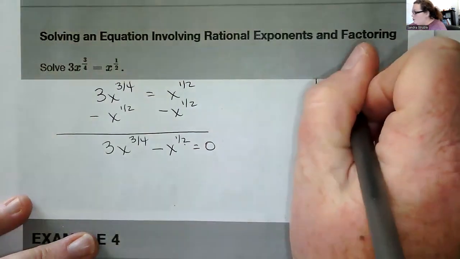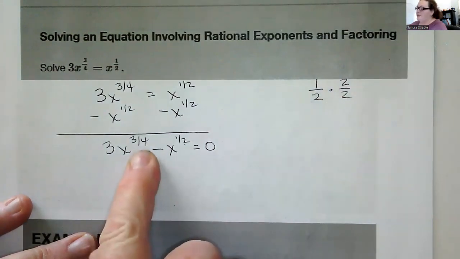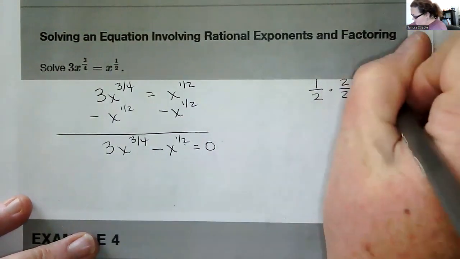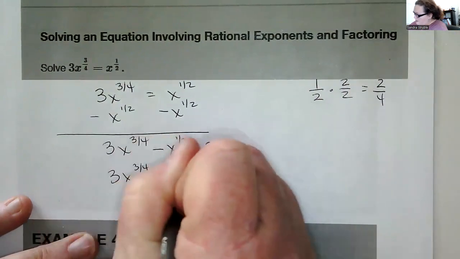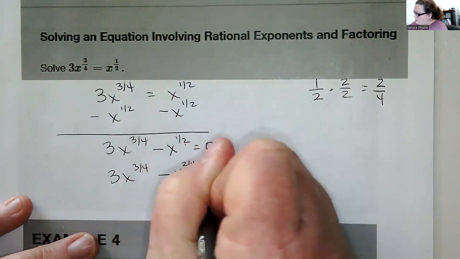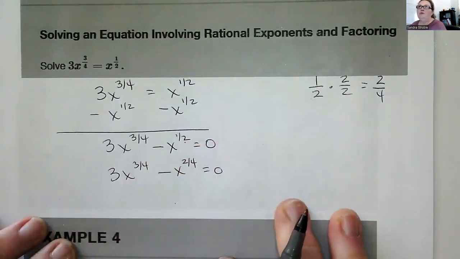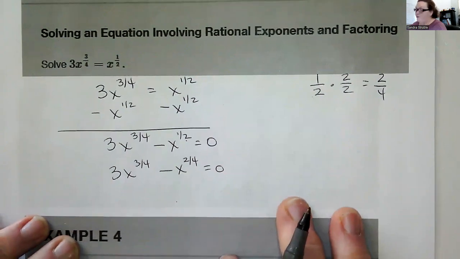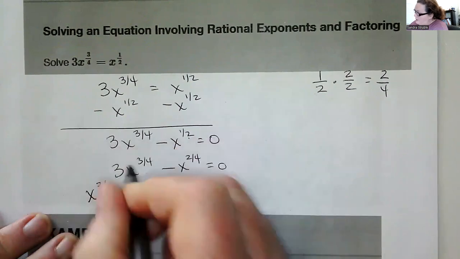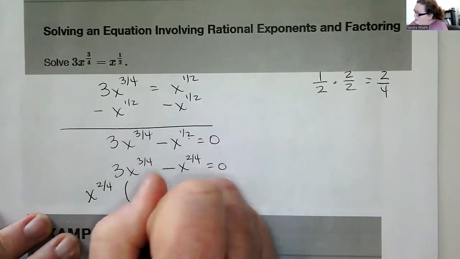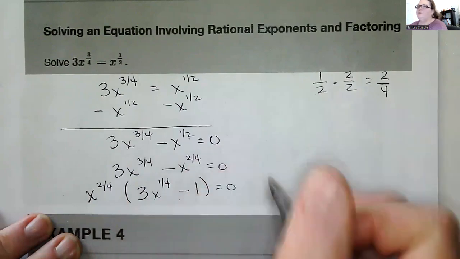In this case, I'm going to choose 2/2 because I want my denominator to be 4 as my 3/4 is. So I'm going to end up with 3x to the 3/4 minus x to the 2/4 is equal to 0. Now it's easier to see that we can factor out x to the 2/4, and we're left with 3x to the 1/4 minus 1, and that's equal to 0.